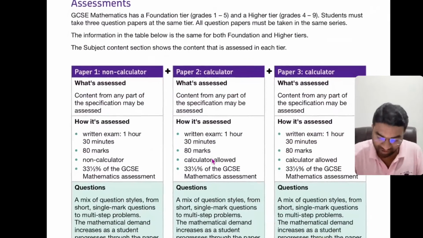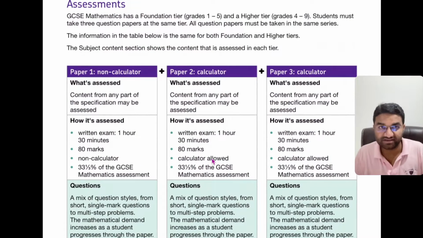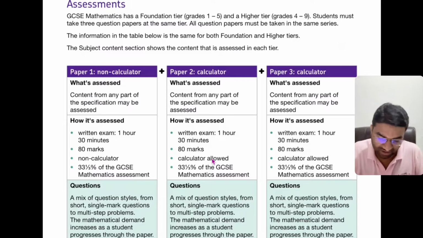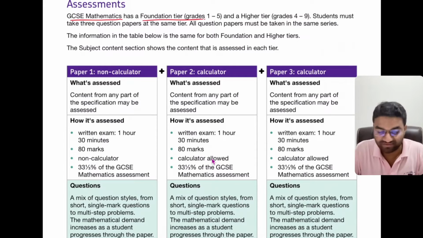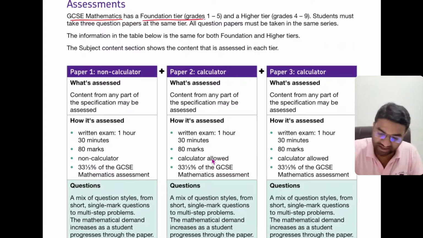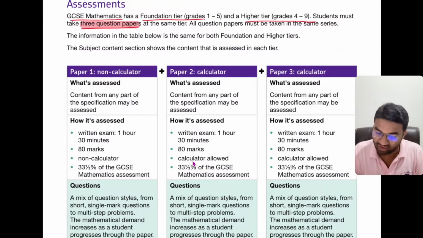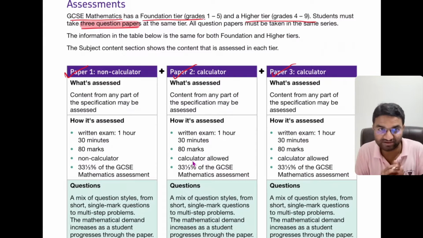So first of all we will understand what kind of assessment there is for GCSE students. For GCSE Mathematics, the foundation tier is for grades 1 to 5 and the higher tier is 4 to 9. Students must take 3 papers and all the questions must be taken from the same series. Paper 1 is non-calculator, paper 2 is calculator, and paper 3 is also calculator based. Paper 1, non-calculator, is an easy one.